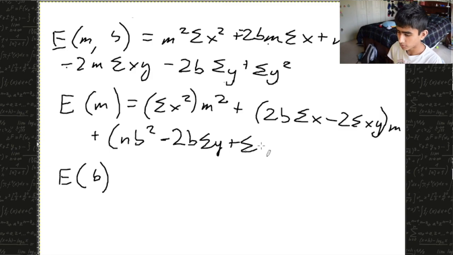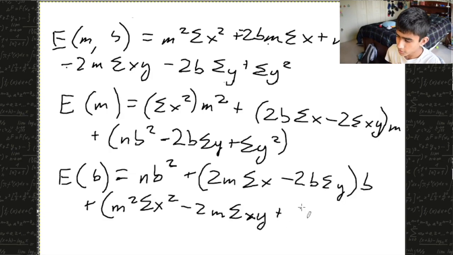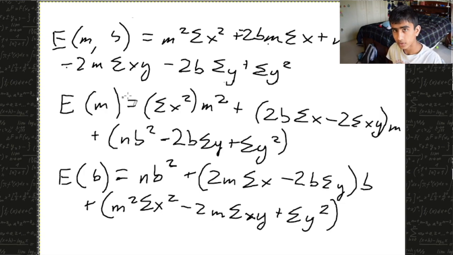Now we have our function of m, and now we can do the same for b. So these are two functions of m and b. And what you can notice, if you haven't noticed already, is that they're both parabolas because they follow the format ax squared plus bx plus c. So now we're trying to find the values of m and b that give the lowest value of e.